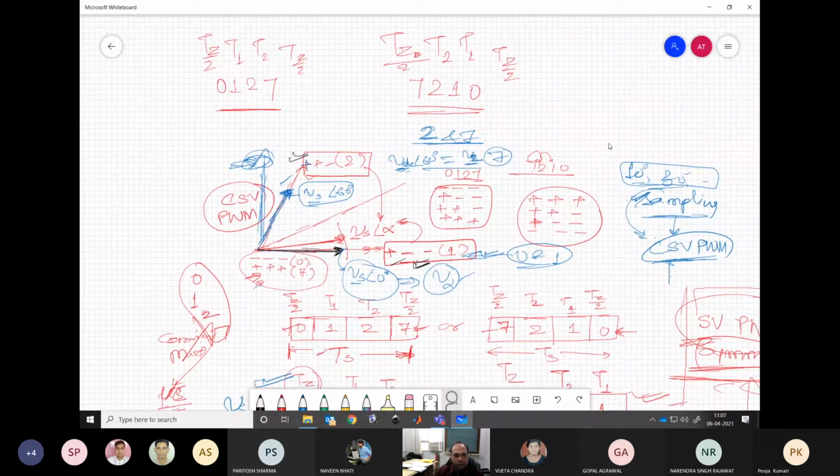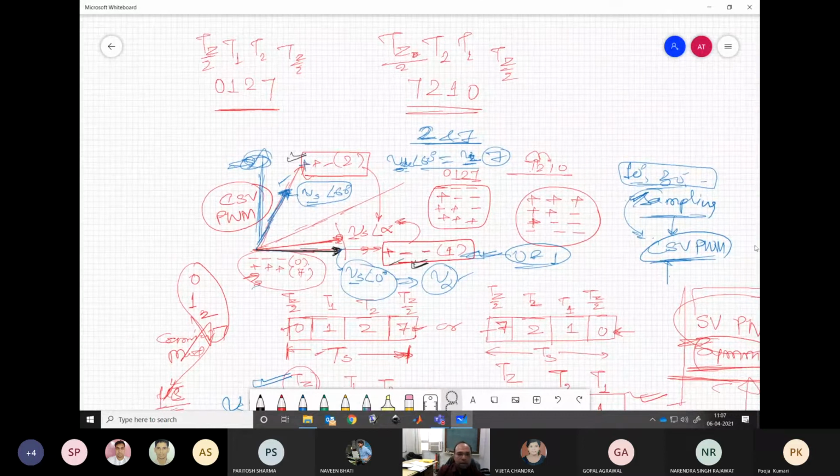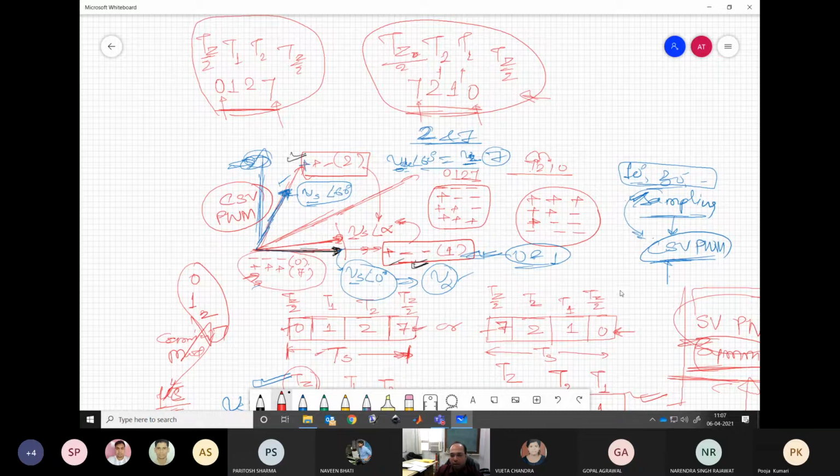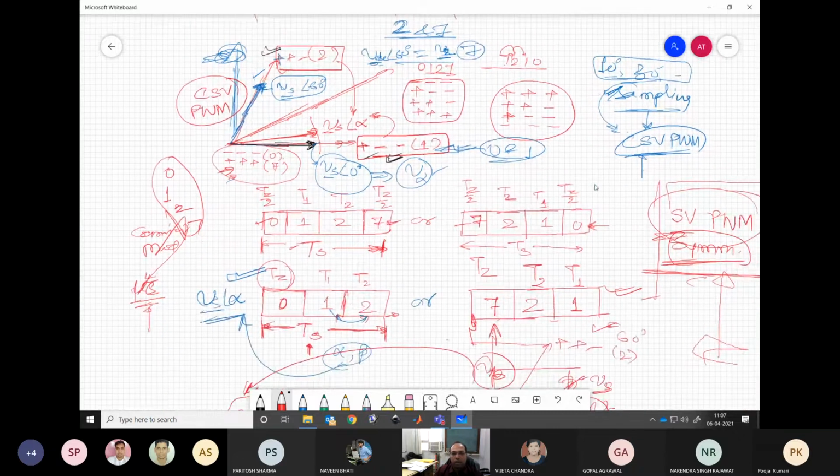So far we have discussed that any vector which we need to realize in a sector in a space vector based PWM, we can apply a sequence like 0, 1, 2, 7 or 7, 2, 1, 0, where the time for 0 and 7 are divided equally and the time for 1 and 2 are computed on the basis of the position and magnitude of the voltage vector.